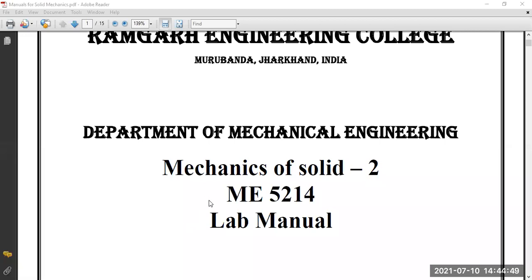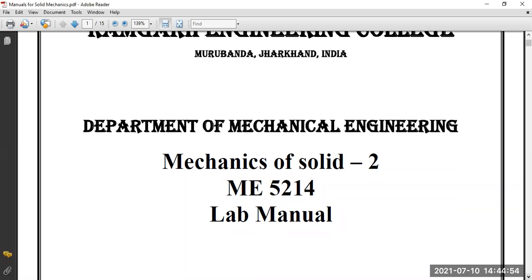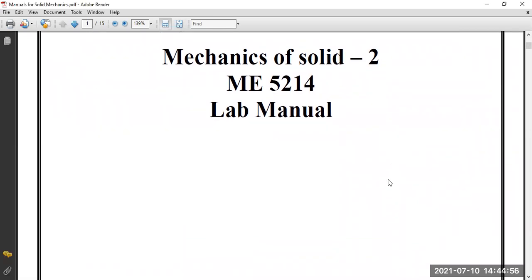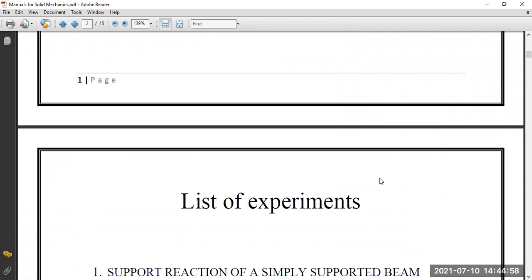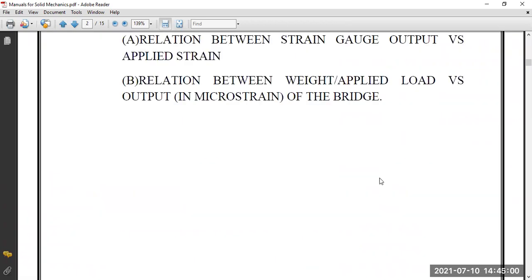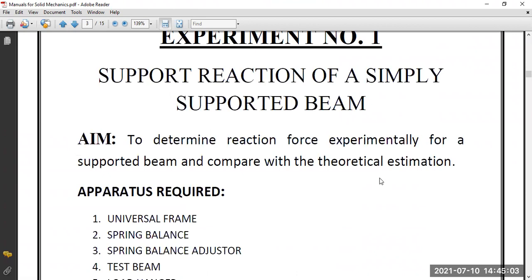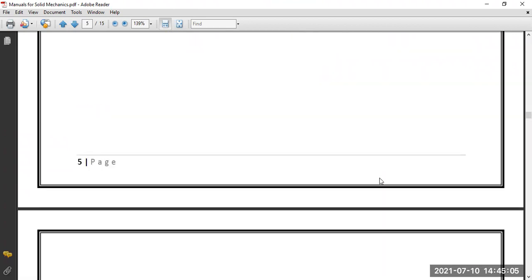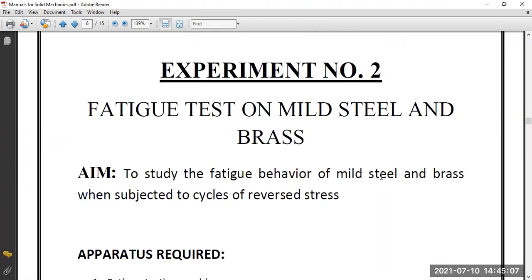Let us consider the shear strain itself. Here we are doing the fatigue test on mild steel and brass, to consider the fatigue behavior of mild steel and brass when subjected to cycles of reversed stress.